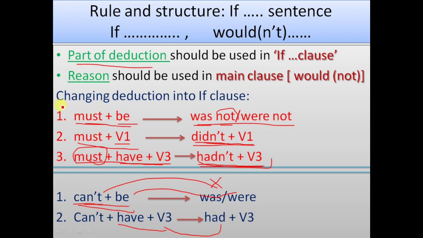Once again, must be into was not or were not. Here is must, therefore you have to use negative marker in if clause. Must plus V1, did not plus V1; must have plus V3, had not plus V3. Can't be, was or were; can't have plus V3, had plus V3. No negative marker here because the sentence is negative, there is can't, therefore we have to make it positive in if clause.